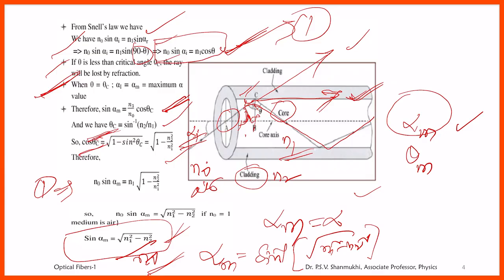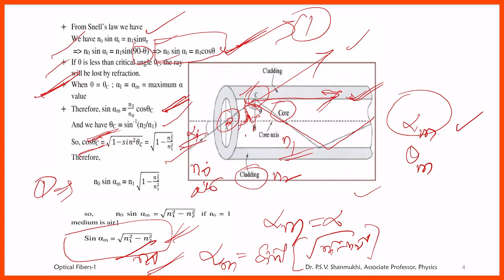Simply, we have to apply Snell's law at two places: one, the air-core boundary, second, the core-cladding boundary, at the point A and at the point C. Two times we are applying Snell's law, and finally we get sin alpha m is equal to root over N1 square minus N2 square, where N naught is equal to 1 for air medium. This is the expression for the acceptance angle alpha m.